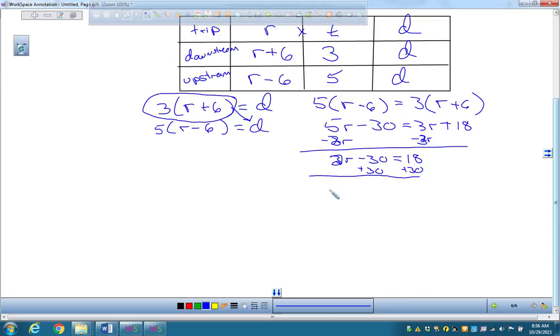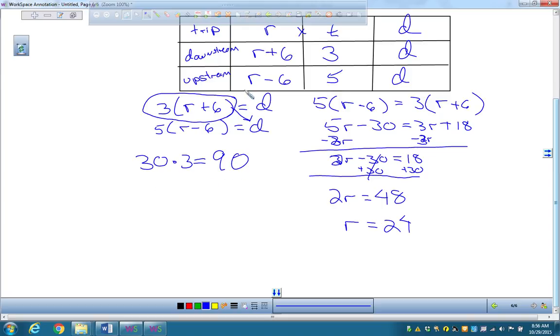And so I get 2R equals 48. What's R? 24. R equals 24. So in still water, the boat goes 24 miles an hour. See if it makes sense. Downstream, he's going 30 times 3. What's 30 times 3? 90, right?